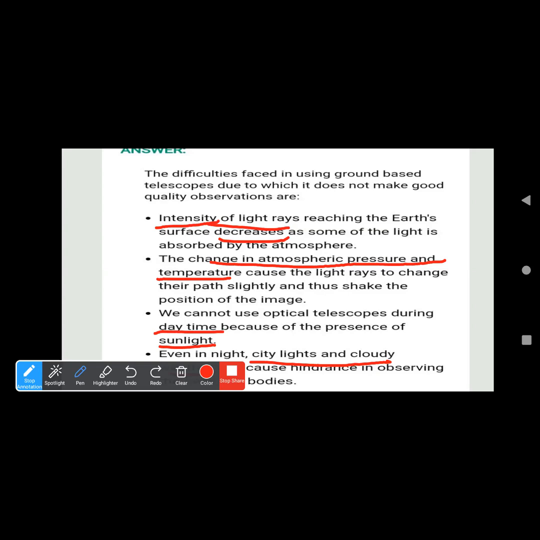And the fourth is that at night also, city lights and cloudy weather create hindrance. Okay, so in this way, when you are learning, it becomes easy if you learn it point-wise and underline the important words.